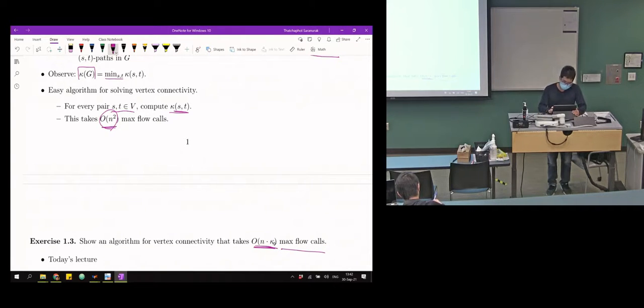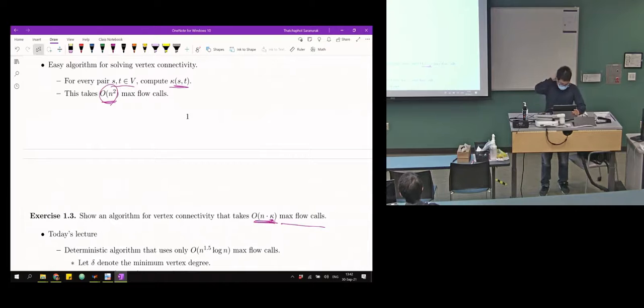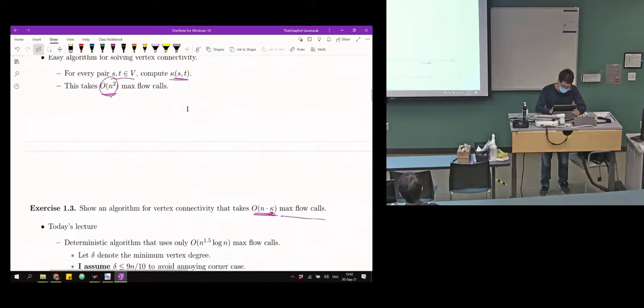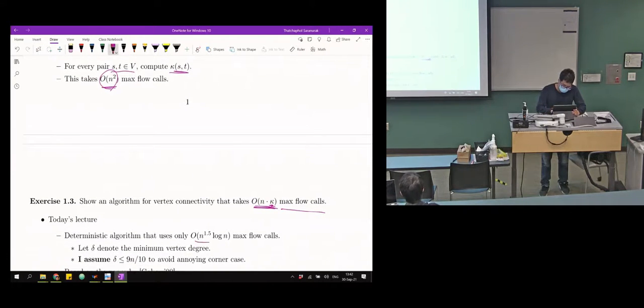But this is not a strict improvement, because kappa can be as big as n over 2 or close to n, so this is still n square in the worst case. Today we will see that we can do it in basically n to the 1.5 max flows.